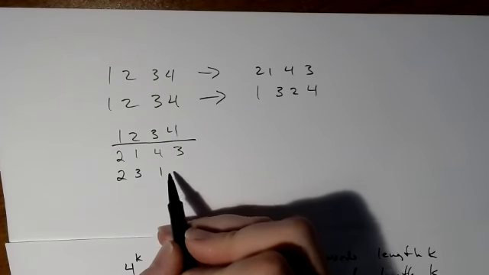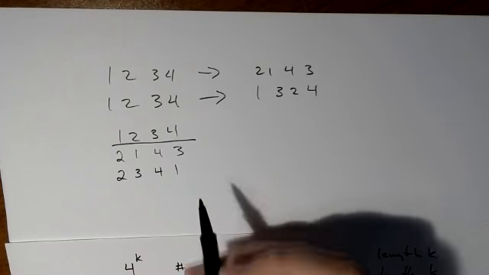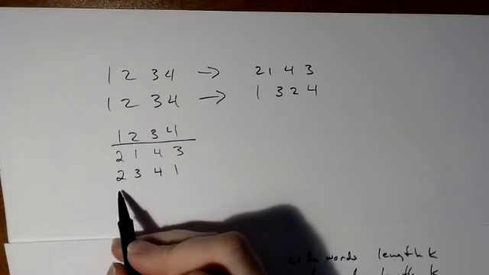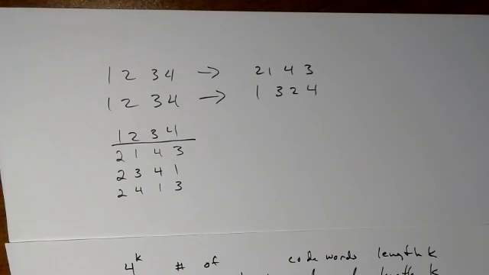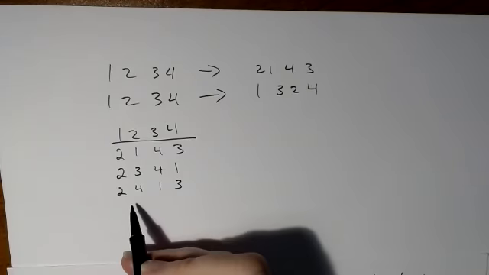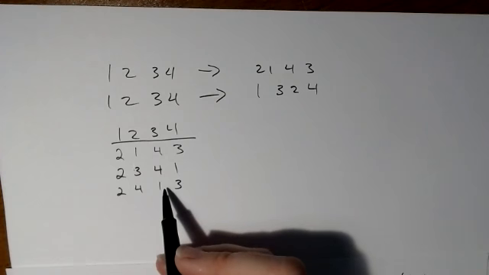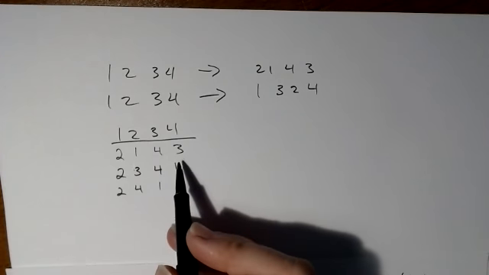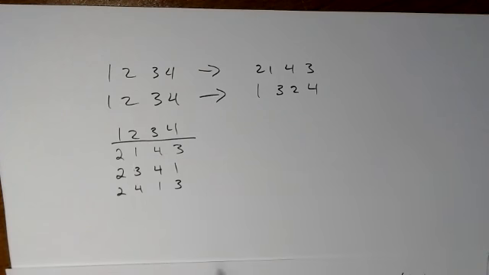And then I could put the 1 here. Oh, I'm sorry, I can't put the 1 there because that would leave the 4 over here. So I have to do 4, 1: 2, 4, 1, 3. So I think those are all the derangements that start with a 2. Yeah, I think that's it.